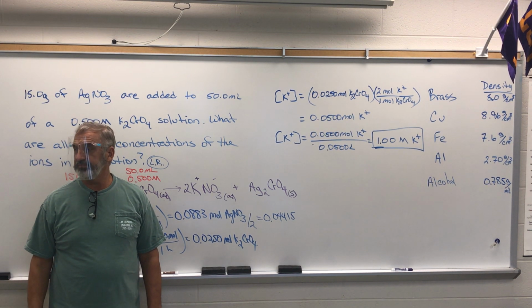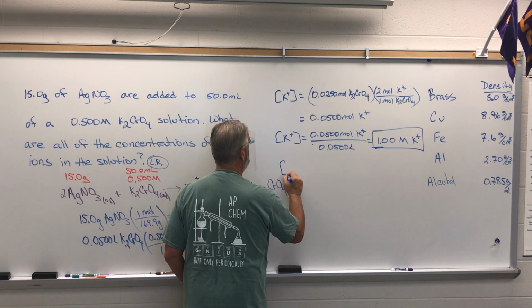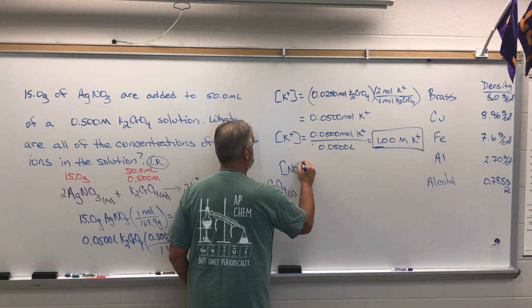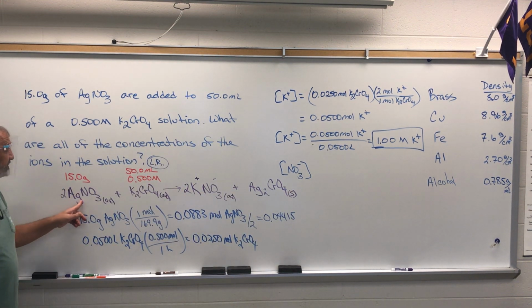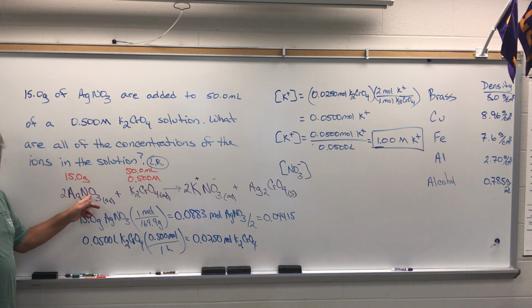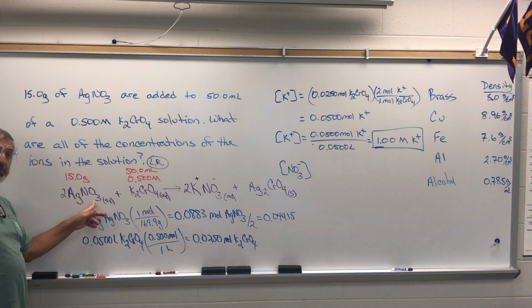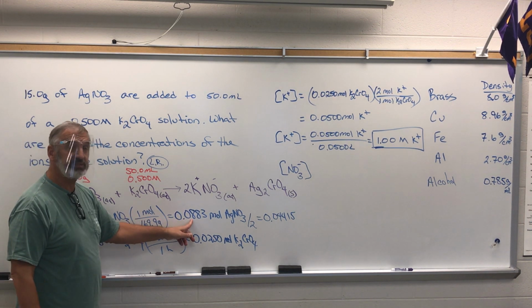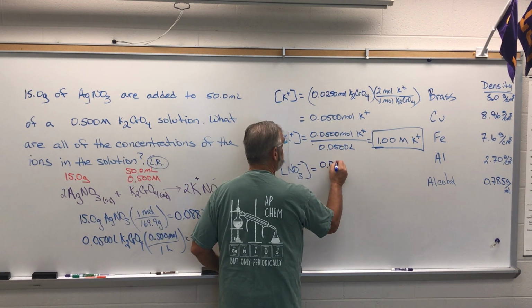We good on that? Yeah. So what do we do then for the nitrate? Because of the 15 grams here, it's 1 to 1. For every silver nitrate that we have, we only have 1 nitrate. So however many moles of silver nitrate we have, that's how many moles of nitrate we had, which is the 0.0883. So we don't have to do anything here.